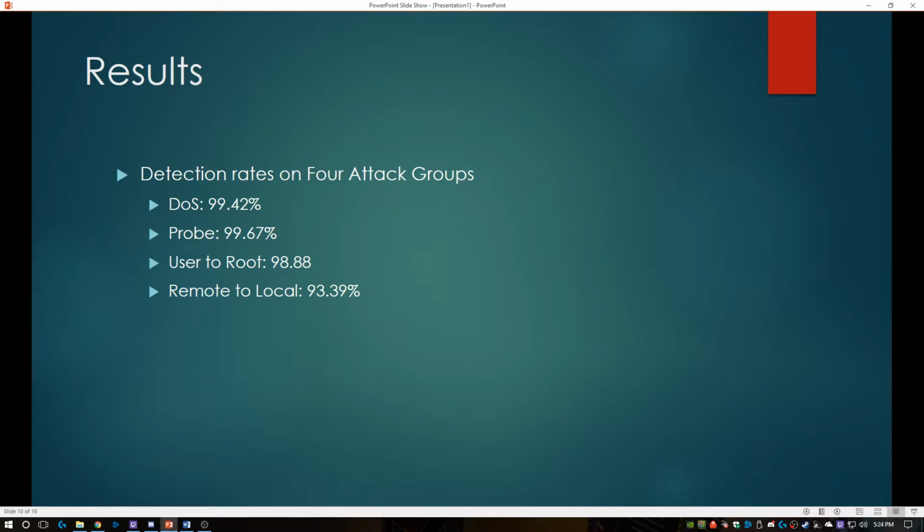And the remote to local detection rate was 93.39%. So using the ensemble model for detecting cyber threats, we see a very high rate of detection for cybersecurity breaches or intrusions.